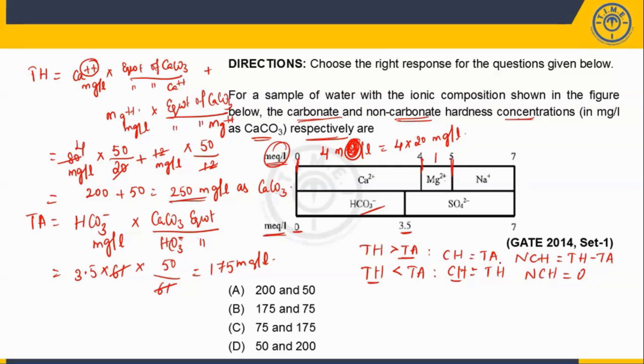Now, tell me, which is the case we have? Total hardness 250, total alkalinity 175. Which is greater? Total hardness is greater.